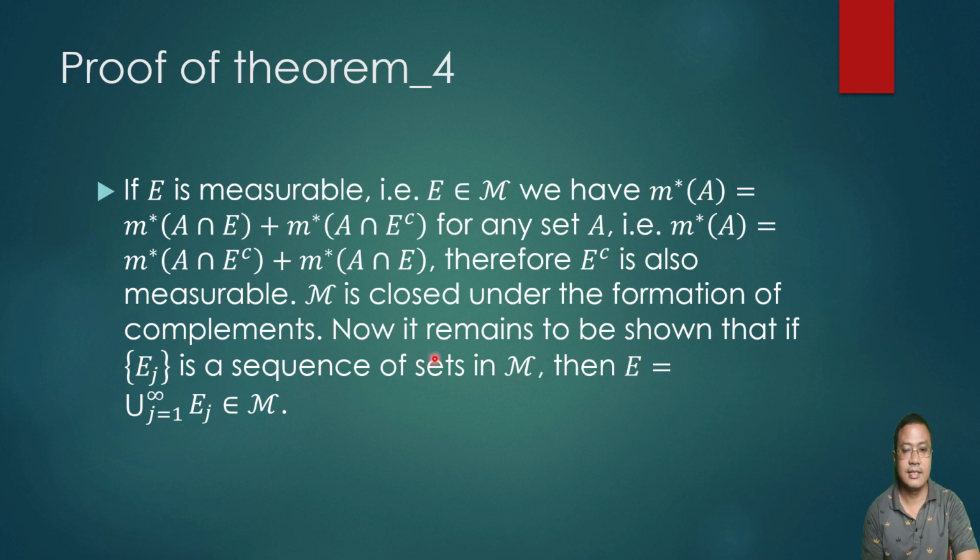Now it remains to be shown that if this is a sequence of sets in M, then their union is also in M. Let the union be denoted by capital E. So we are going to show that E is in M.